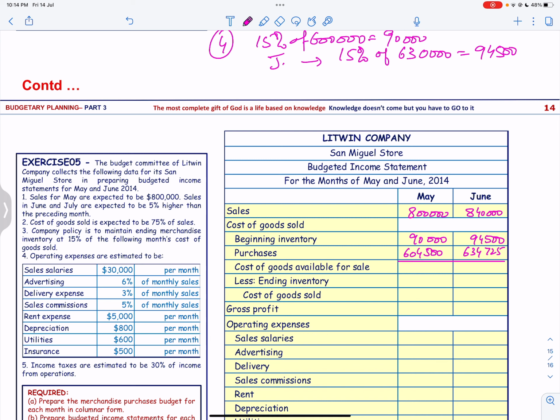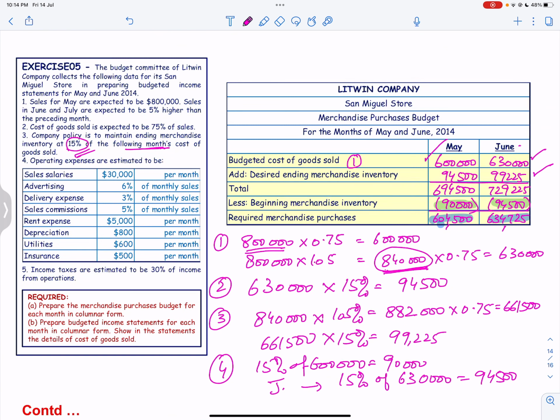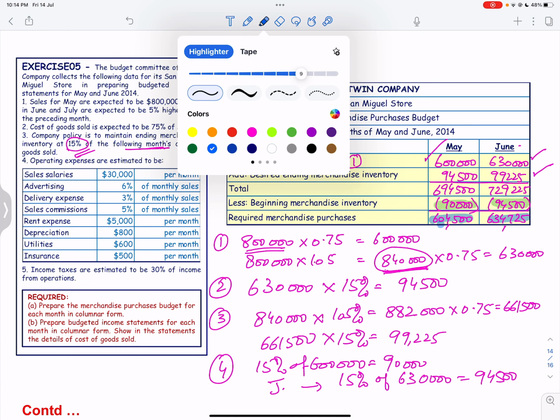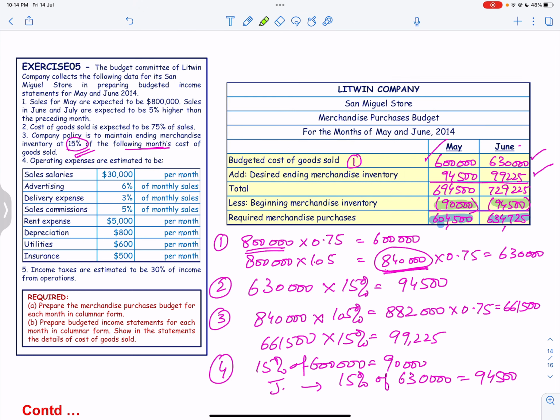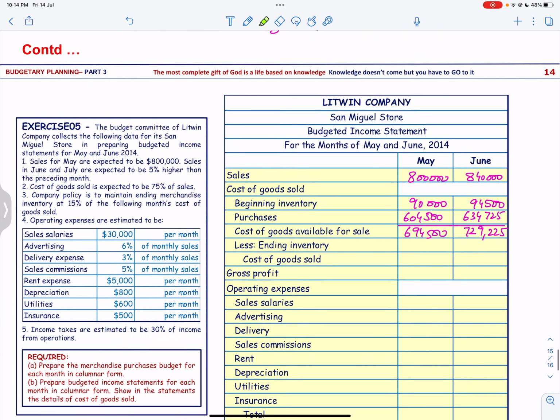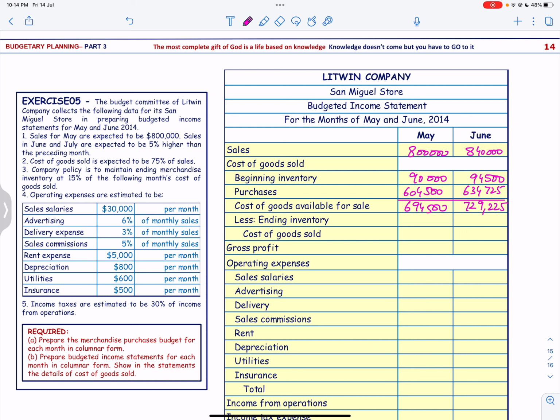So this is equal to 694,500 and 729,225. From this we are going to subtract the ending inventory, which we have calculated before, 94,500 and 99,225.